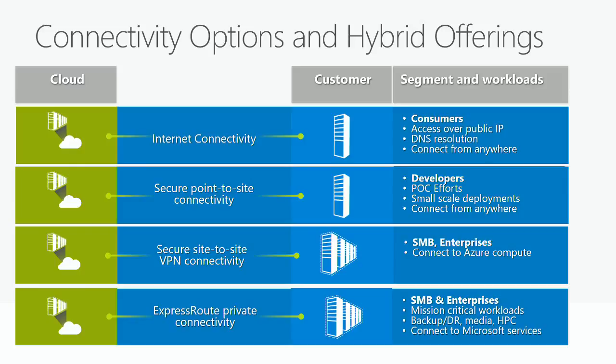So what I'm going to talk about is how do I extend that and use Express Route to connect to Azure from my Azure Stack deployment, and that's what this whole session is about.